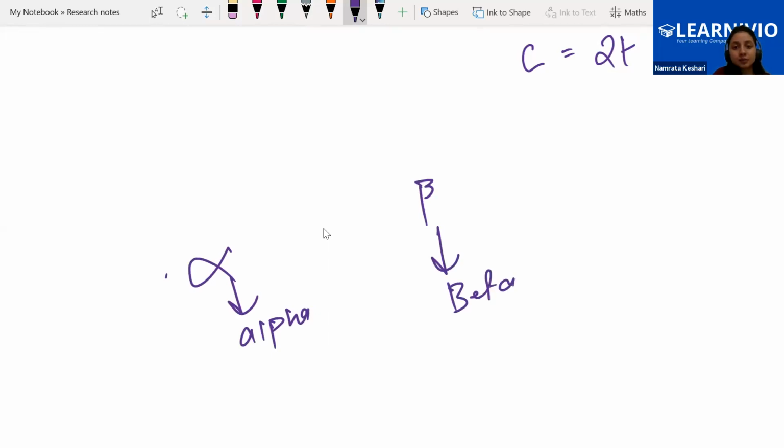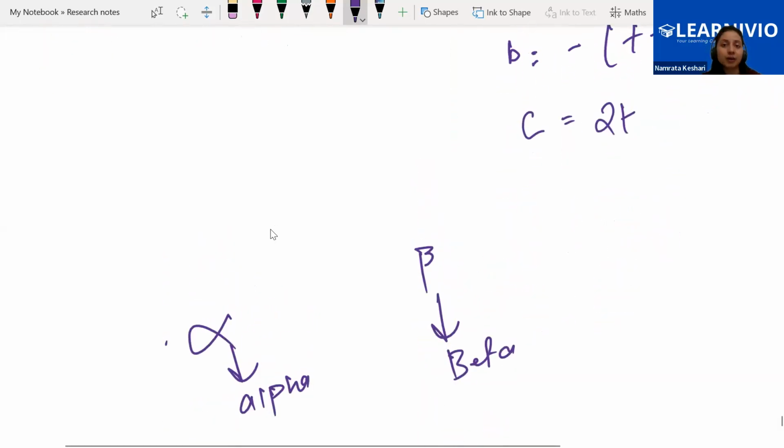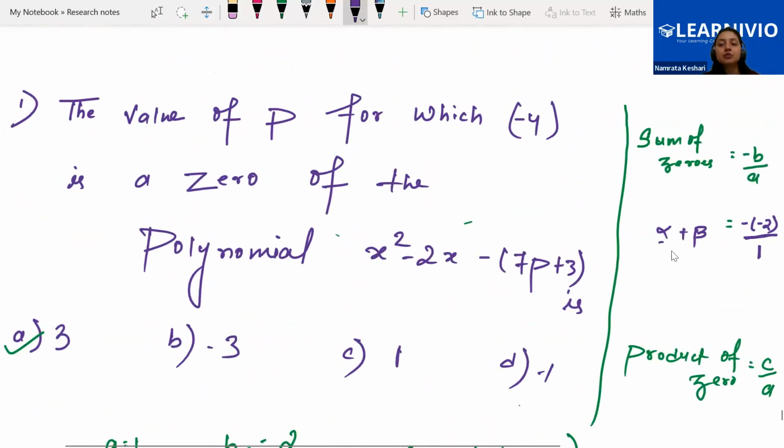We write it B-E-T-A, but we pronounce it beta. These alphabets we have taken from the Greek alphabet to represent the roots, to represent the angles, so that we will not get confused. So alpha plus beta represents our roots. The first root is alpha, the second root is beta.